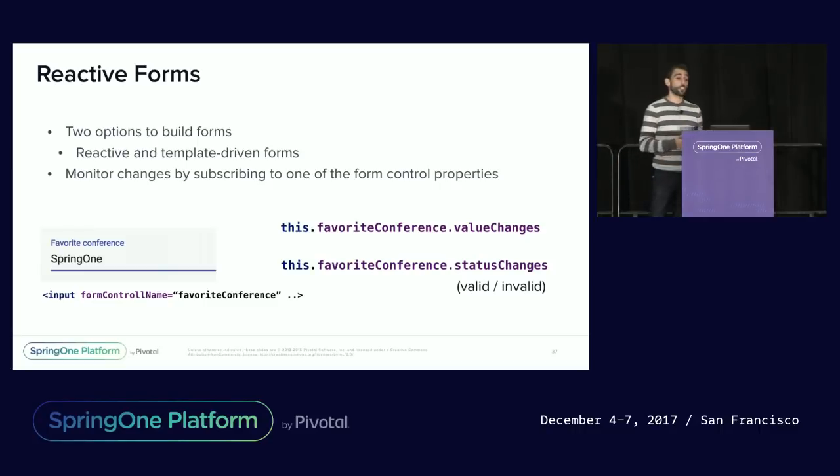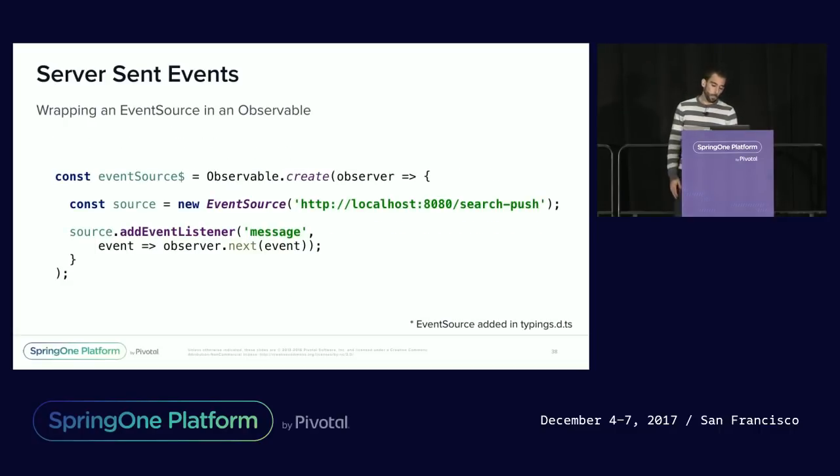Every time there's a change in the input, we can subscribe to it and get the values. Or we can also get the status changes. So if we have some validation, we can get when that form control is valid or invalid. So we see observables also in form processing.